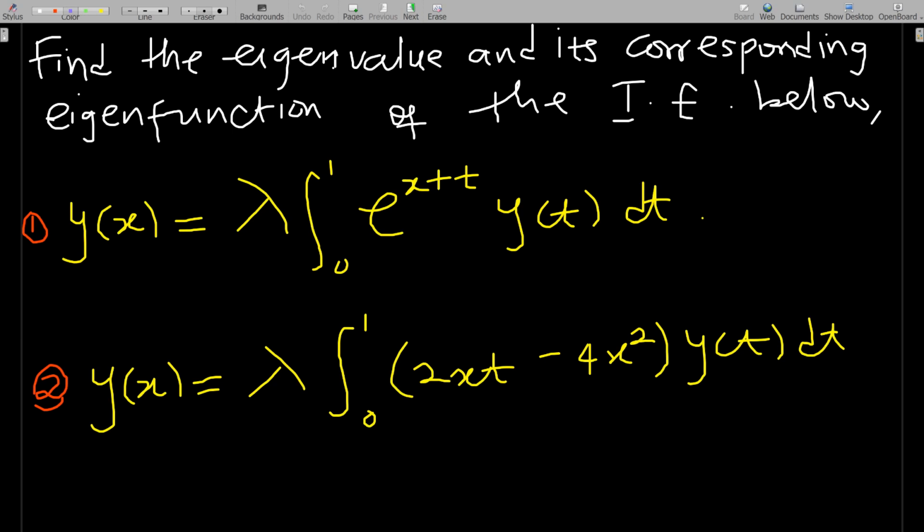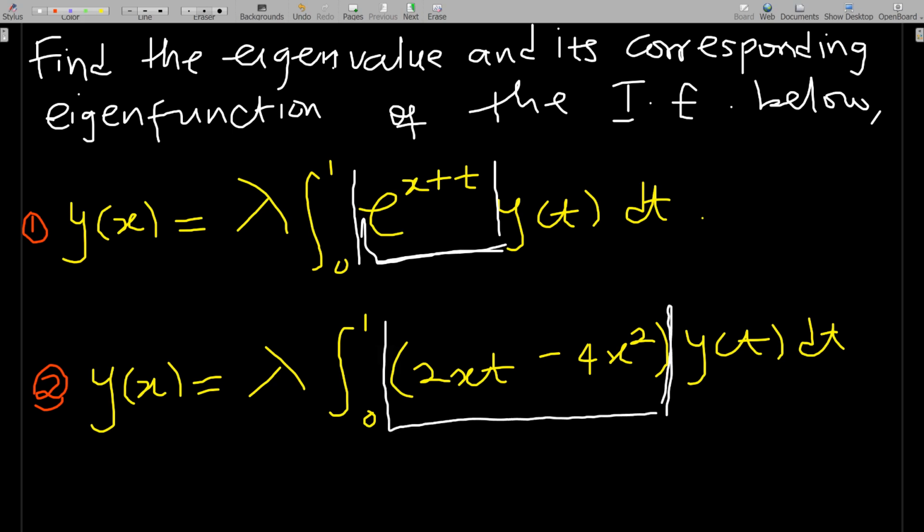We have two forms of finding the eigenvalues: one where the kernel is separable, like the first one I have here, and one where the kernel is degenerate. When it is separable, how do you go about finding the eigenfunctions and eigenvalues? And when it is degenerate, how do you do that?